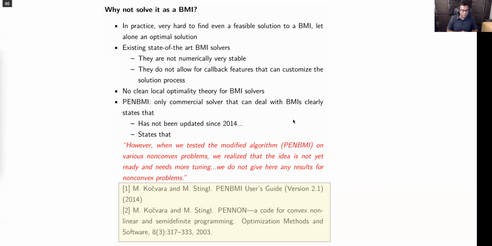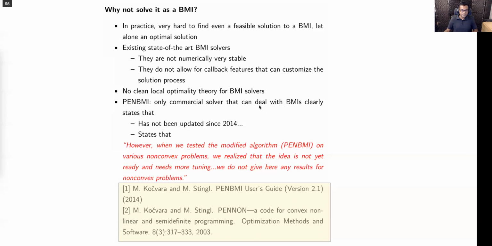Another thing is that the local optimality theory for BMI solvers is not as good compared to a non-convex QCQP.